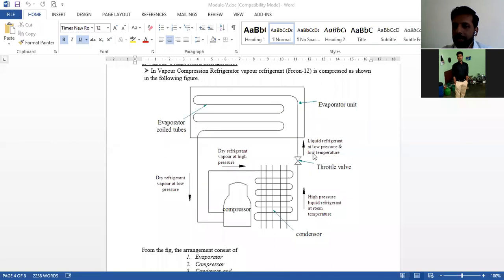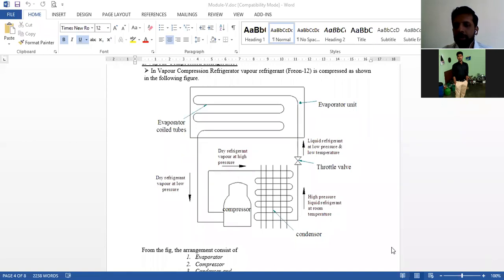Since low pressure is attained, the temperature also falls, so it becomes liquid refrigerant at low pressure and low temperature. That means a cool refrigerant is obtained at this point. Next it goes in as the input for the evaporator unit. So this cycle continues in vapor compression refrigeration.